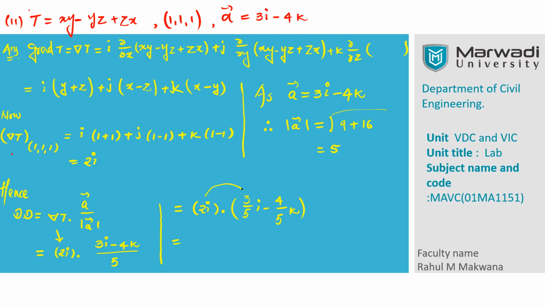So i into i is 1. So it is 2 into 3 upon 5, minus, here we do not have a coefficient of k, and this is 4 upon 5, so it's 0. We have 6 divided by 5. The directional derivative is 6 divided by 5.